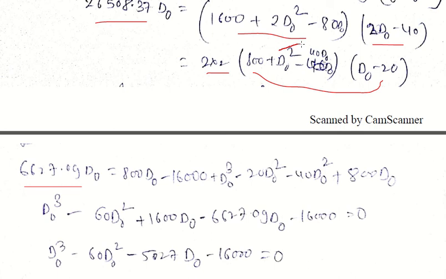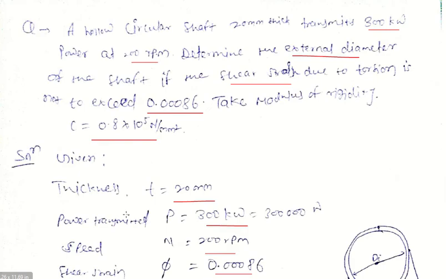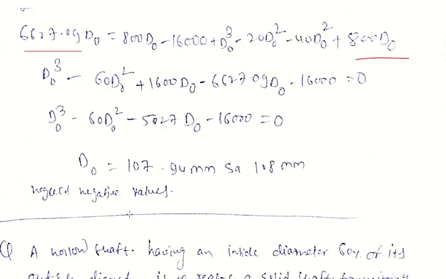Then the outer squared into the outer, and the outer into minus 20, then minus 40d into the outer and minus 40d into minus 20, so it will give 800 d naught. So we add and put it here, so this equation is termed a cubic equation.